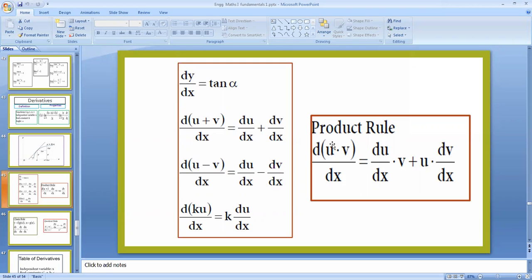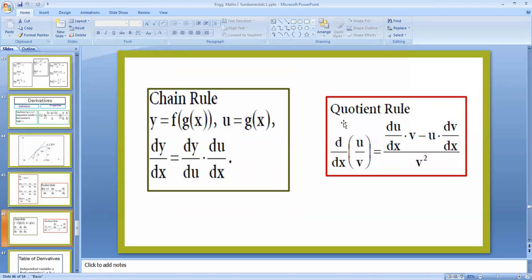How do you find the derivative of a product of functions? It is du by dx into v plus u into dv by dx. That is, first into derivative of second plus second into derivative of first. This is the product law in differential. So these are the laws in the differential.